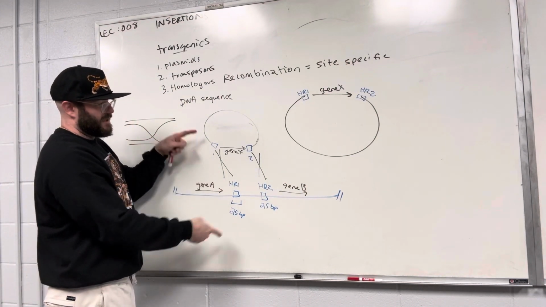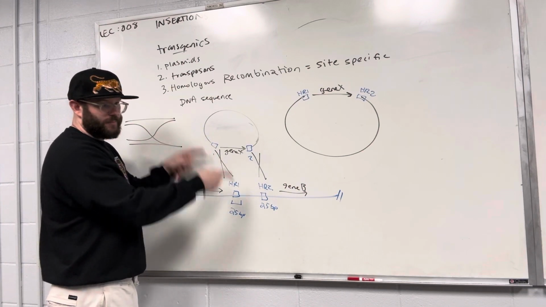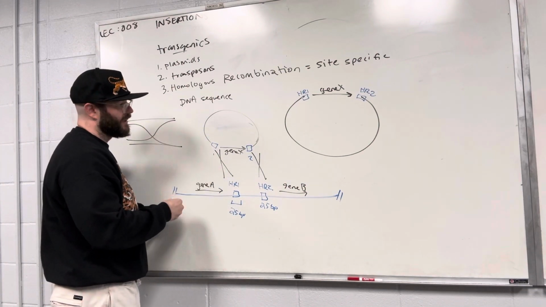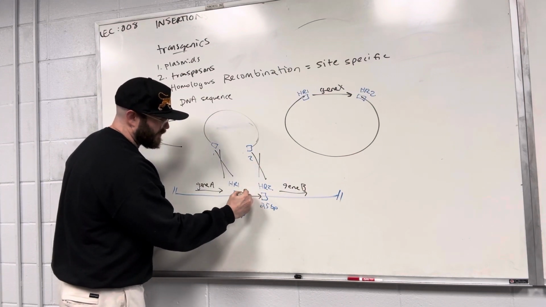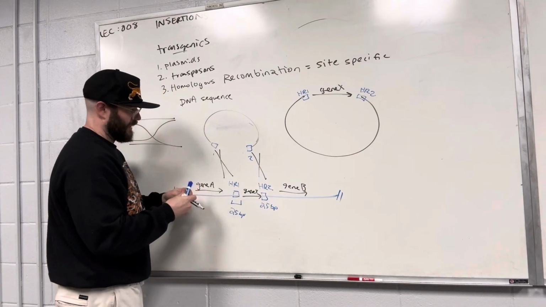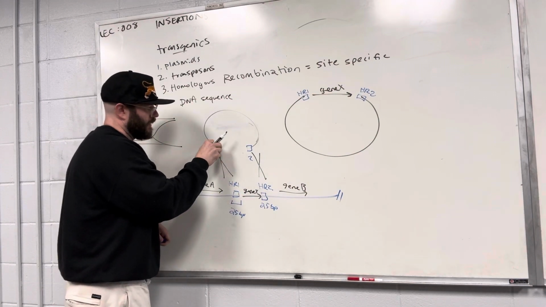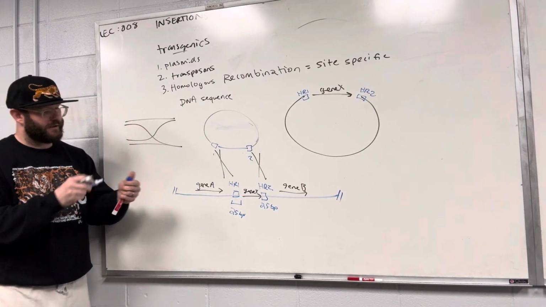And when a recombination happens, the DNA just swaps. So the product would be gene X gets popped in here, and whatever was on the chromosome is now in the plasmid.